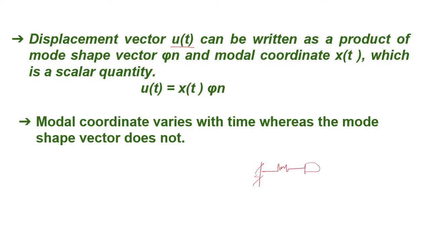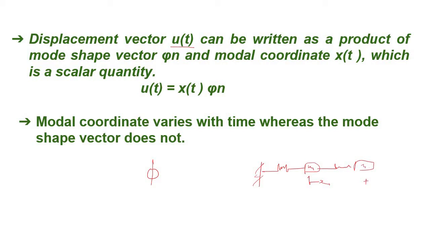If I have a system like this, m1 followed by m2, then it will have x1 and x2. Then I will be finding phi, the mode shape.